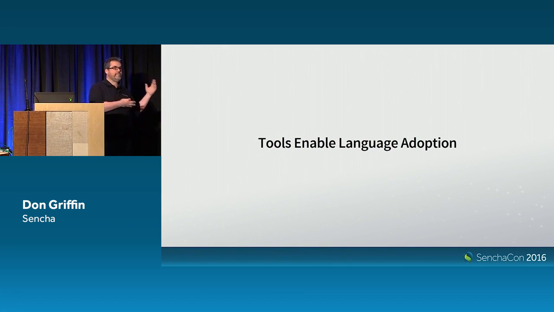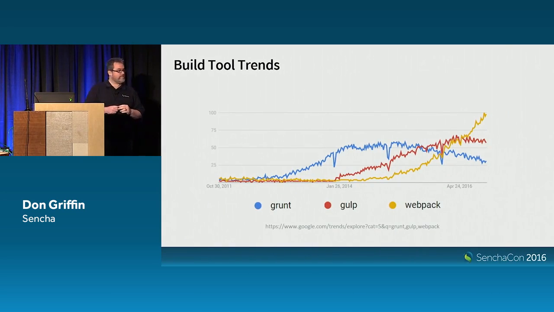So really, this is the blessing of tools, that tools enable language adoption. If you want to use those things that aren't supported in your browser, tools are the only way you can go forward. What they do is enable us to take the language and bring it to the current day, before the platforms out there that need to run our code are ready to run it. But this is what I was mentioning before. The challenge here is, which tool do you pick?